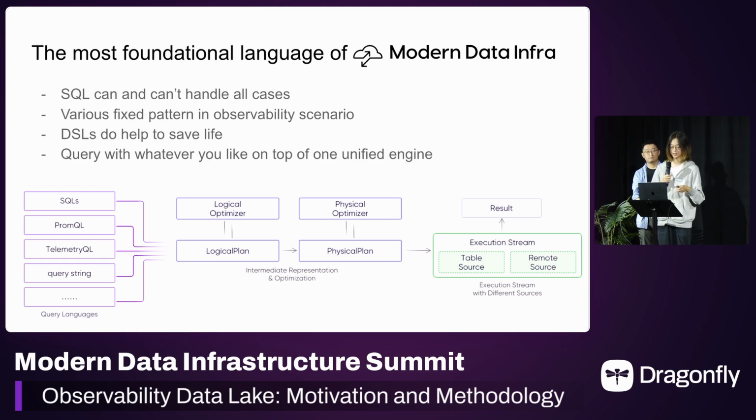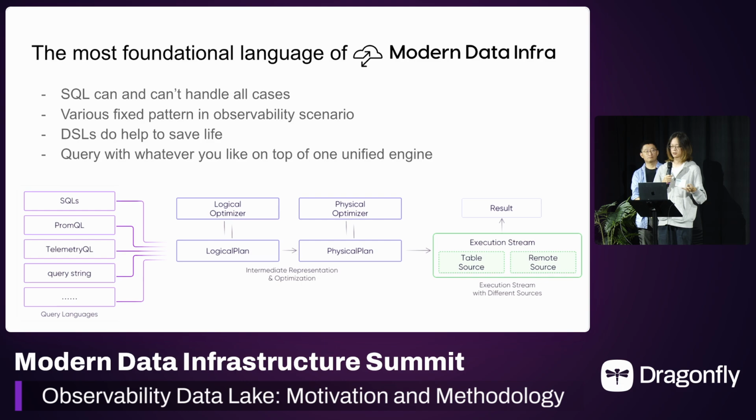And another cool thing is, it is not common in programming languages, but you can do this in GreptimeDB: you can write different languages together in one query, and let each part handle its best aspect.